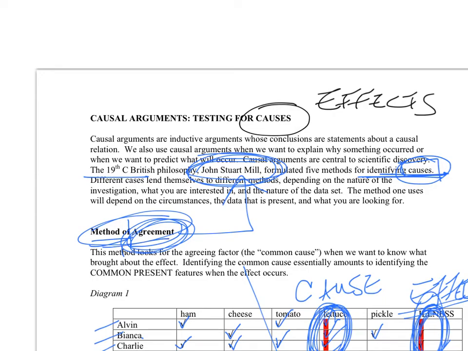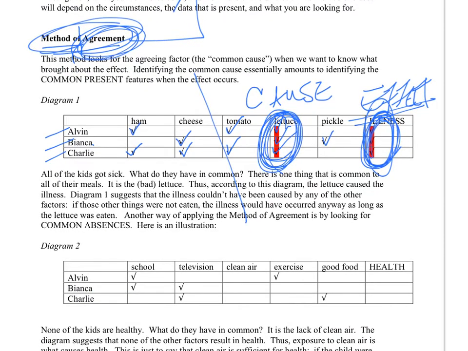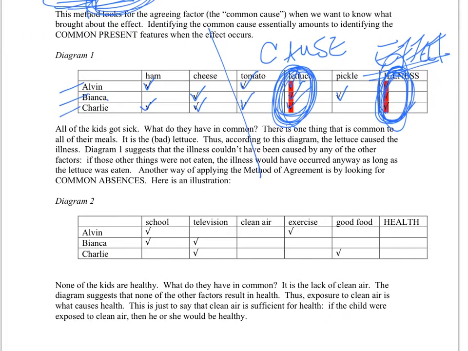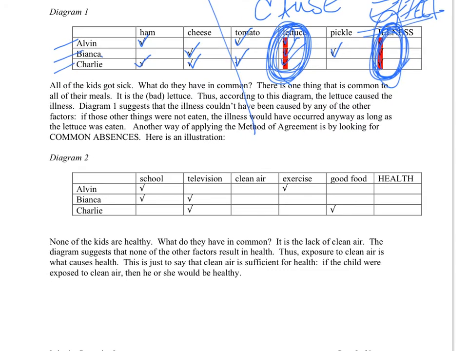Now, the method of agreement isn't just only when certain factors are present, which this example illustrates. Agreement can also be due to a common absence. So here is an illustration of exactly how that could work.